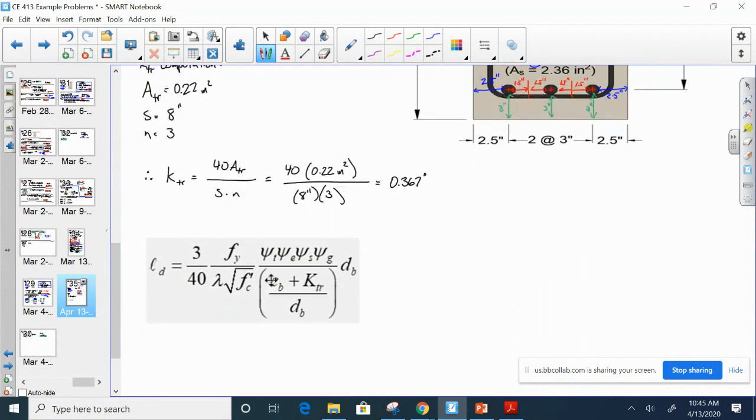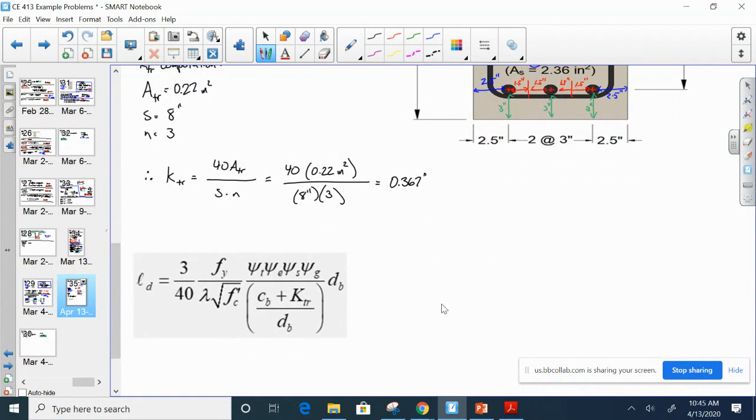So in order to compute our development length, I've got to do two calculations off to the side. The first thing I'm going to do is C sub B plus KTR over DB. So this was 1.5 inches plus 0.367 inches.